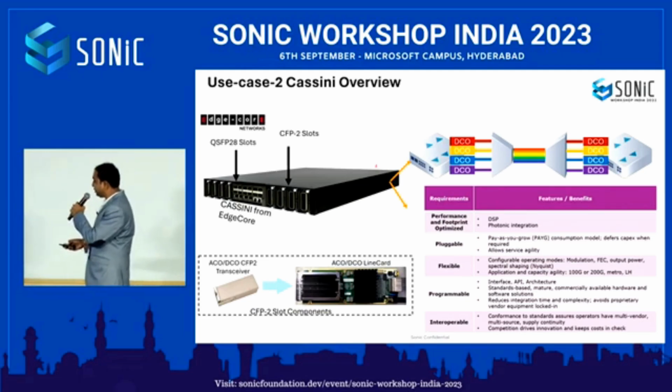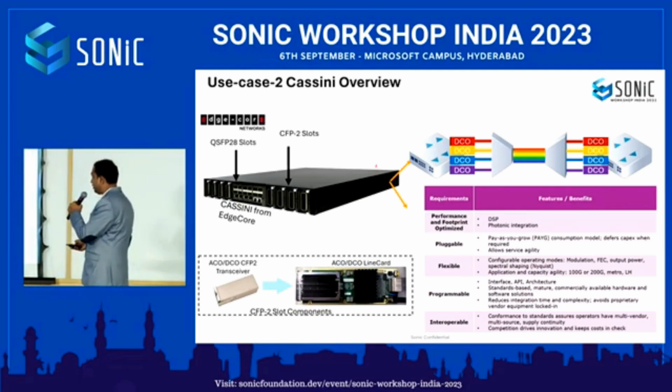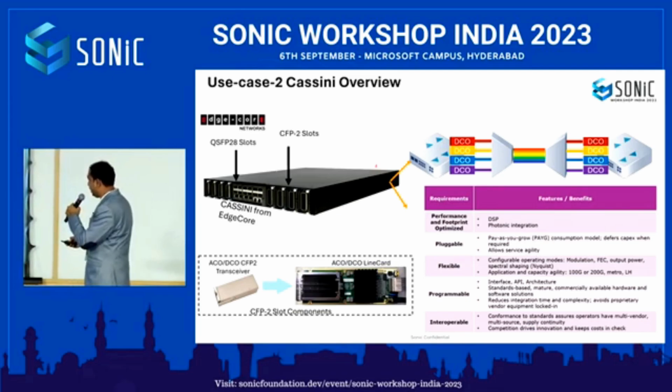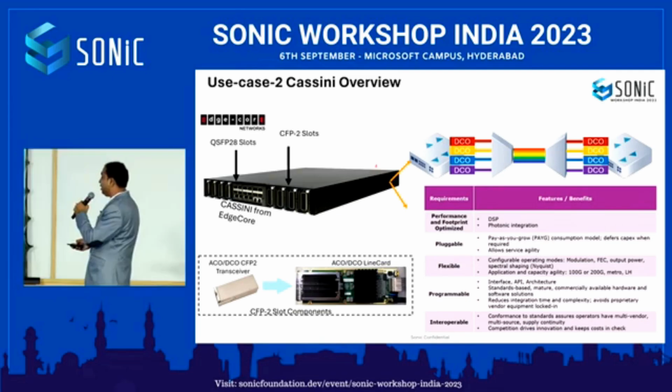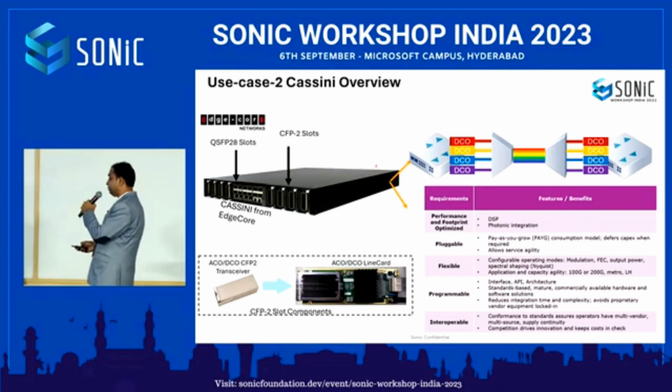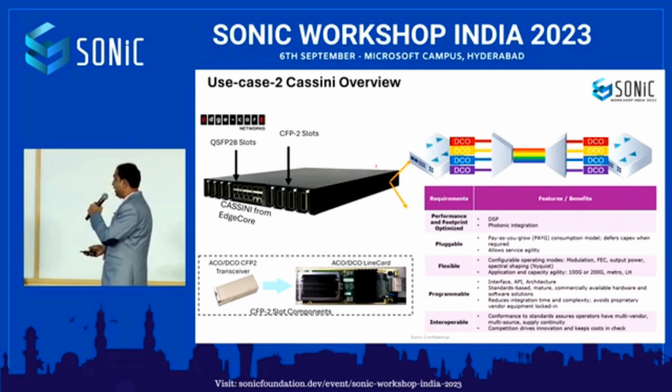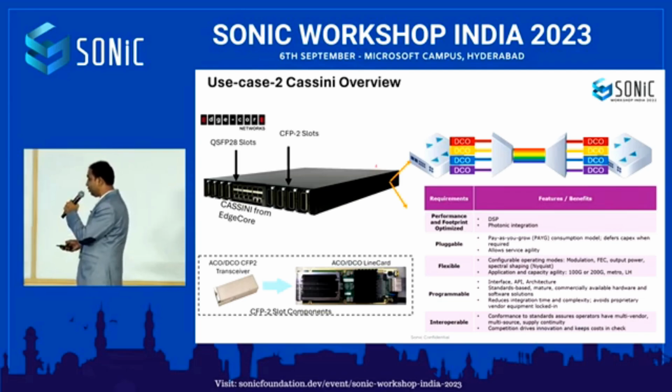If I talk about the CFP2 line card, this is the PIU card which goes here. On top of it, we support CFP2 from different partners, like Lumentum, Fujitsu, and others, and the partner list keeps growing based on the use case. If you compare the traditional DWDM OTN transponder with our solution, you would find it more cost effective.